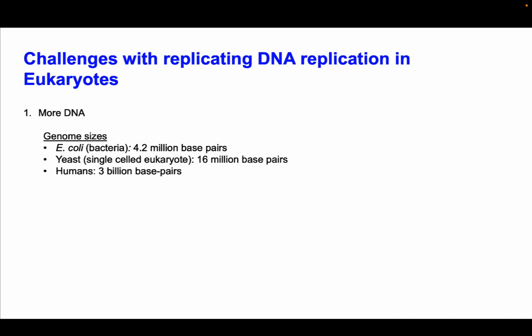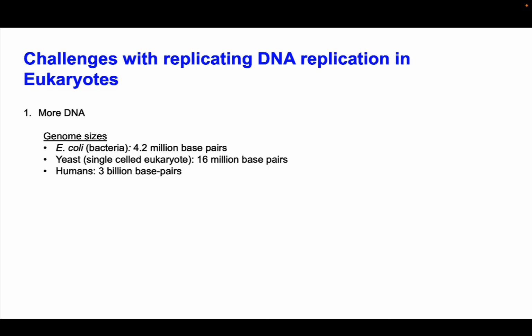So there are some challenges with replicating DNA in eukaryotes, and we've talked about one of these challenges, which is that there's just more DNA. Just to compare the genome sizes, and I mentioned this in the last video, E. coli, which is a kind of bacteria, has 4.2 million base pairs. Moving up from there, yeast, which is a single-cell eukaryote, has 16 million base pairs.